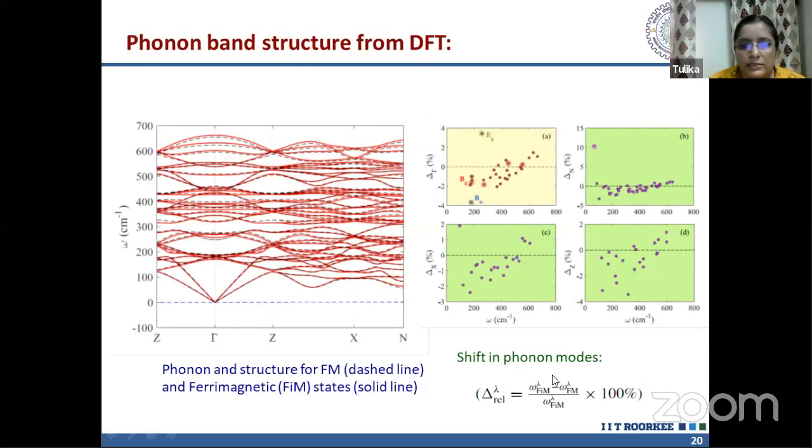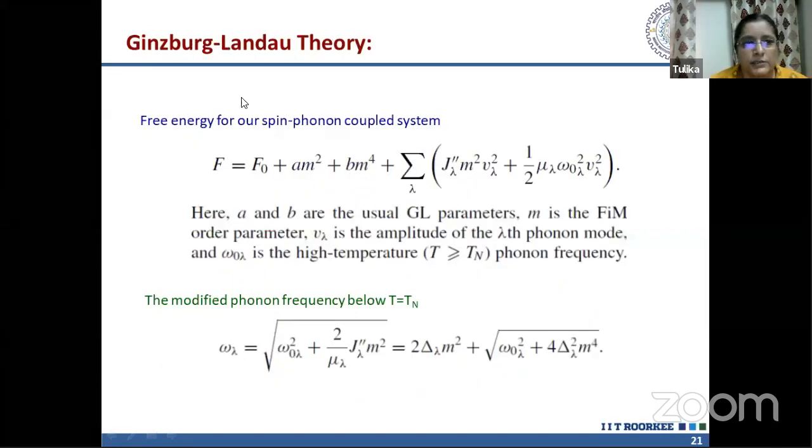And we calculated this shift in the phonon modes from our DFT calculation done in two different magnetic orders, and we calculated this delta lambda, this shift, and then we did this Ginzburg-Landau theory, where we wrote down the free energy and introduced this term which is due to the spin phonon coupling, and one can then calculate the new phonon frequency due to the magnetic ordering.